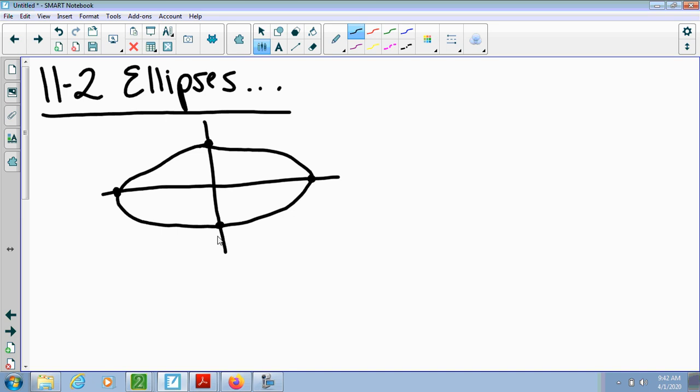Alright. Let's see what else we've got. These are called vertices. If they are on the major axis, those are our vertices. The minor axis, those are the co-vertices. So from your major axis, that's the longer one, you've got your vertices.